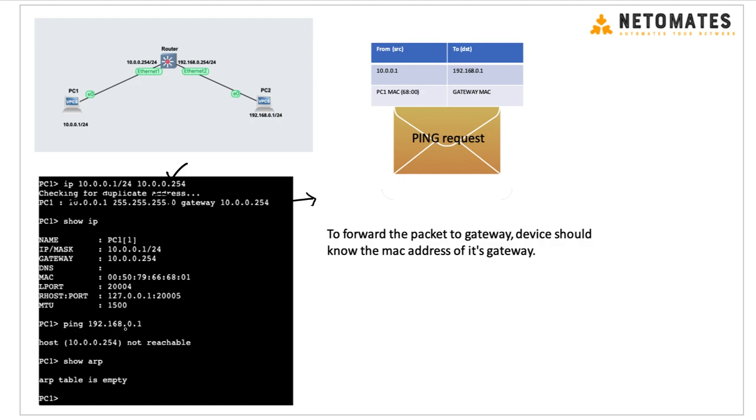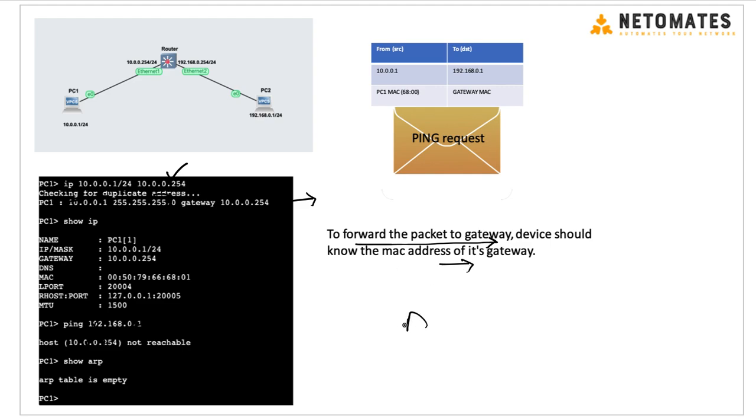So now I try to ping the PC2 IP. What happened is, in the background, it tried to reach the gateway, meaning it tried to find out the MAC address of the gateway. In this case, I didn't configure the gateway on the router yet, so no one will respond to that ARP request. To forward the packet to the gateway, the PC needs to know the MAC address of its gateway.